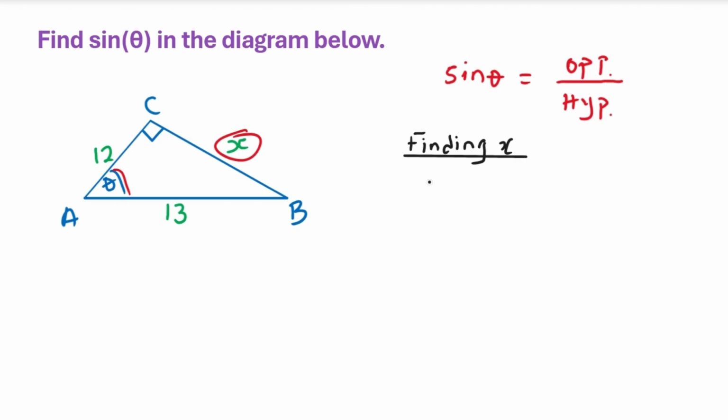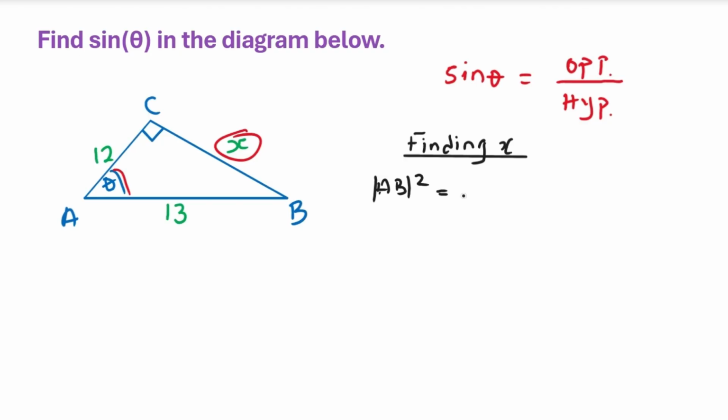Okay, so how do we find the value of x? Obviously, that's going to be the Pythagoras theorem. So let's state the Pythagoras theorem and use it to find the value of x. So AB squared, that's the hypotenuse, is equal to the sum of the squares of the two other sides.